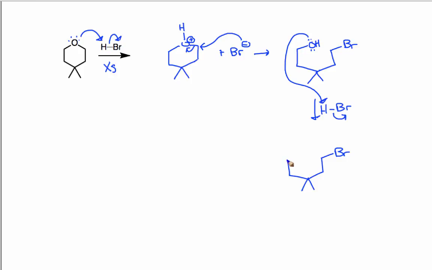By doing that, I get OH2+, which is again a good leaving group. I also generate Br minus in that step.